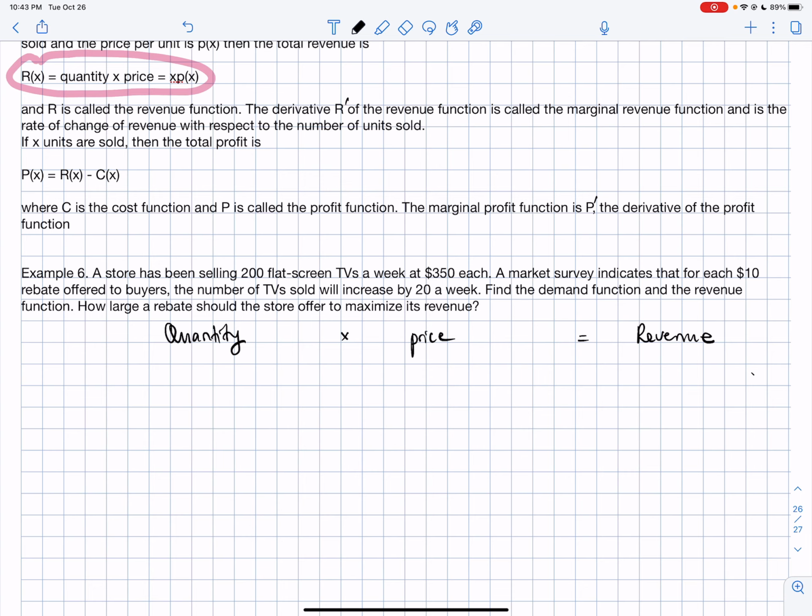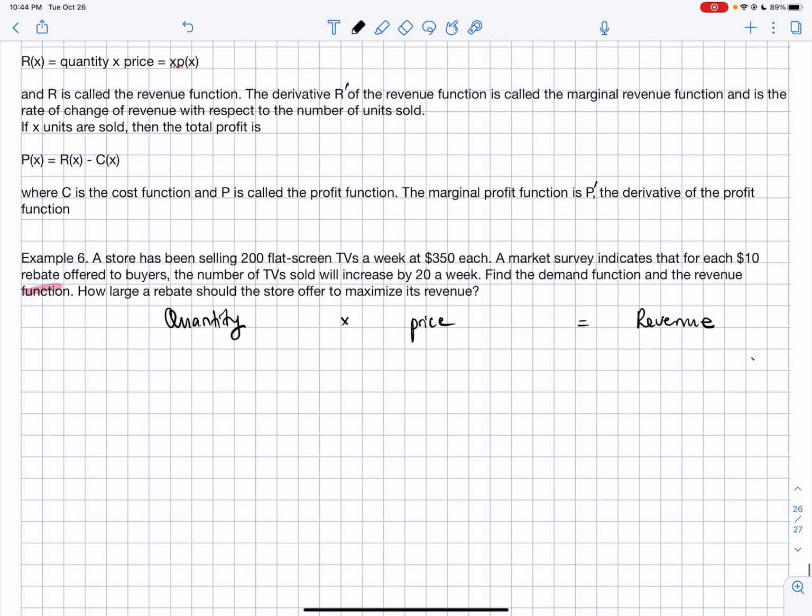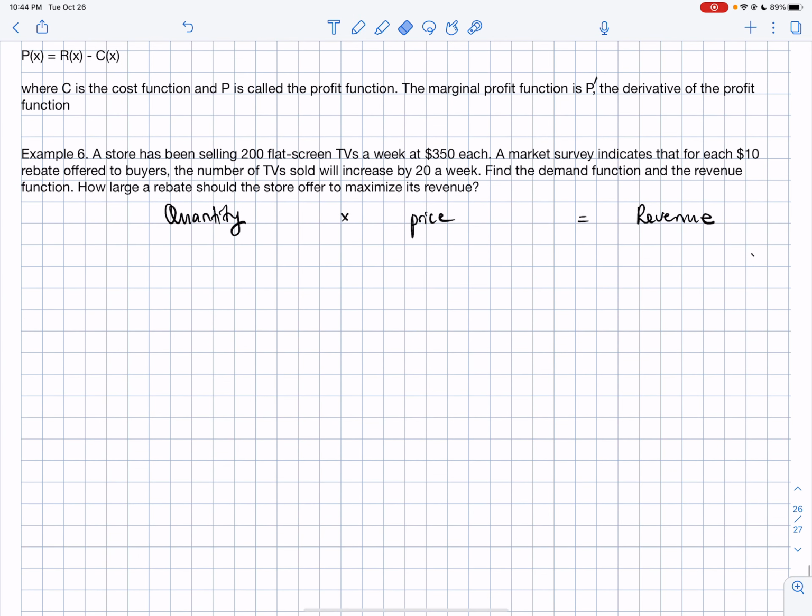Okay, so price in this case is P of X, and P of X is also called the demand function. And the problem asks us to find the demand function and the revenue function. That means we need to find this and this. They are functions and they should be in terms of X, okay? So let's look at this example before we solve this problem.